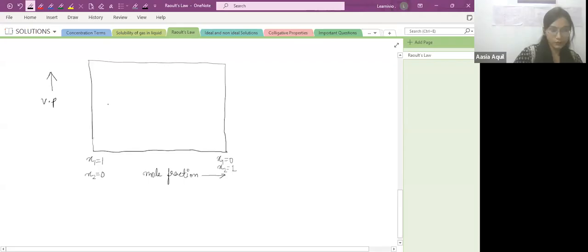Now see, this is basically a graph of Raoult's law. Here is P1 naught, the vapor pressure of pure component 1, and P2 naught, the vapor pressure of pure component 2.